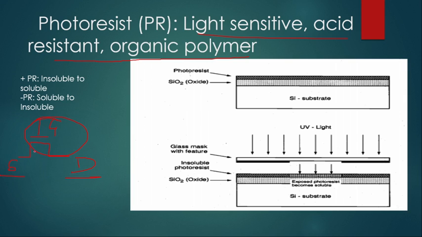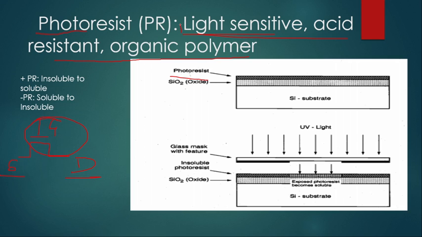To remove the thick oxide layer from the gate area, a photoresist will be required. Photoresist is nothing but a light sensitive, acid resistant organic polymer. That means it changes its properties according to the light. Whenever the word photo comes, it means light sensitive. Like photodiodes: when light falls upon them, current conduction takes place.